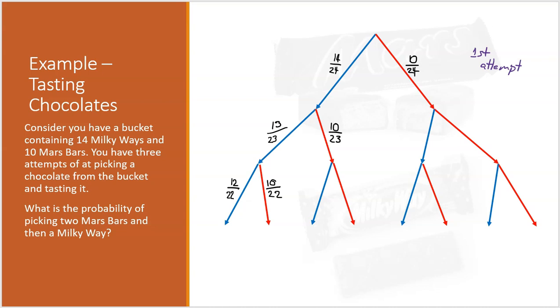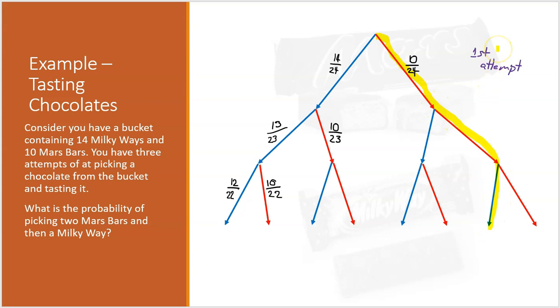So the question at hand was, what is the probability of picking 2 Mars bars and a Milky Way? Well, we need to follow this path.